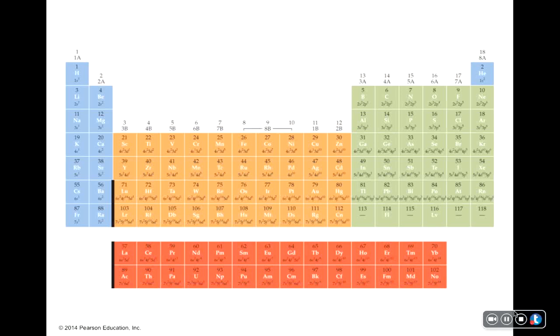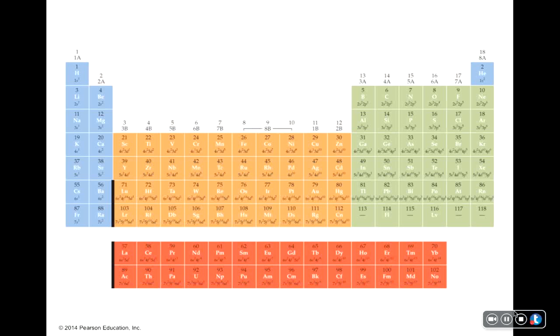So the period 3 here will tell you the outermost energy level that's being filled in that particular element. If you look at potassium right below, you can see it's filling its 4s. It's in period 4. So that's another relationship between the electron filling and the periods on the periodic table.